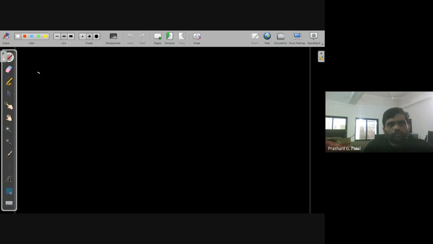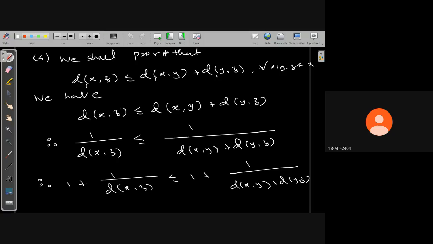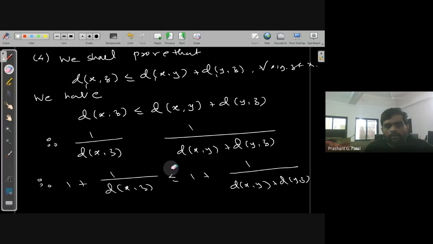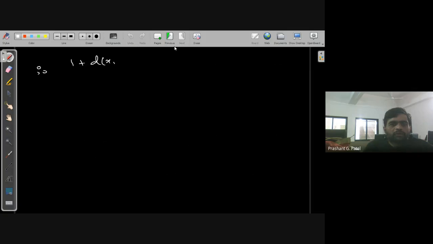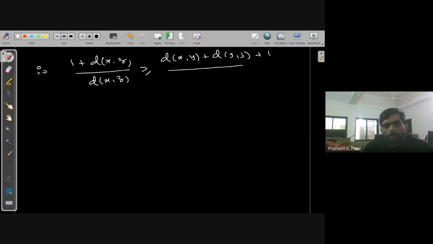By taking the LCM, we can have this is 1 plus d of xz upon d of xz is greater than or equal to d of xy plus d of yz plus 1 upon d of xy plus d of yz.